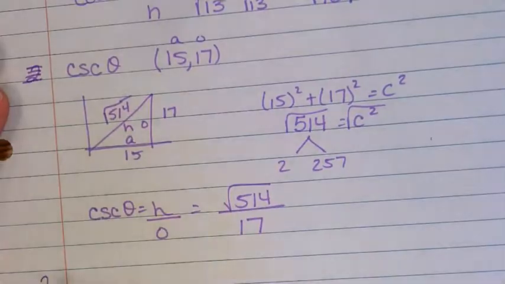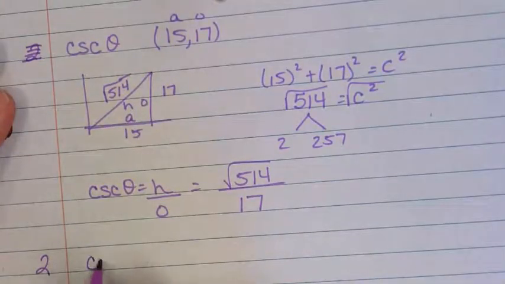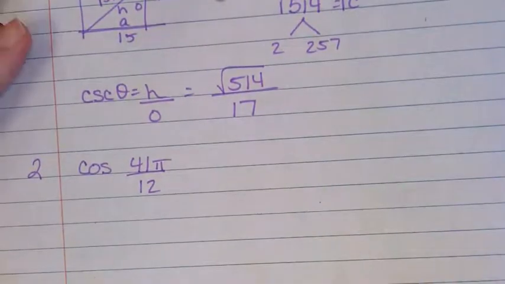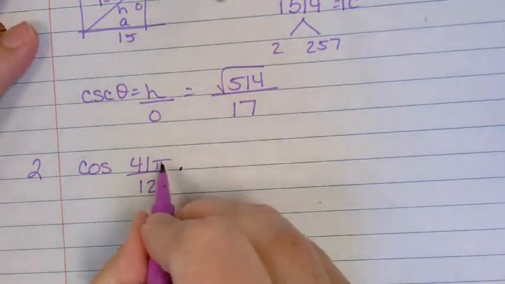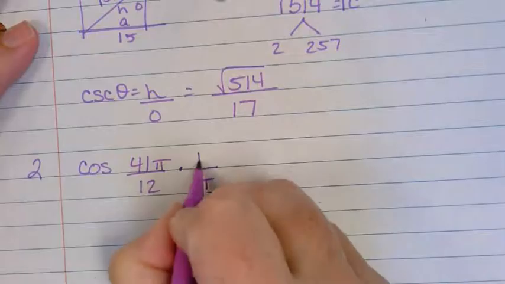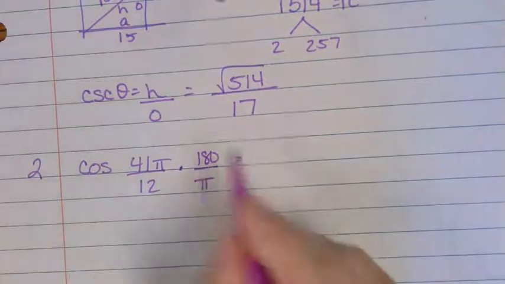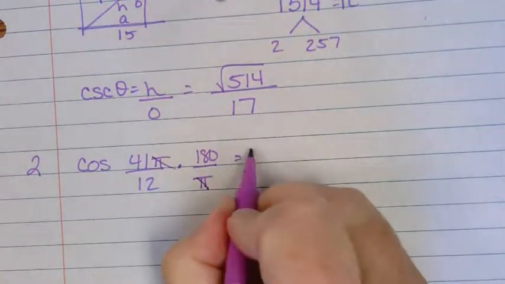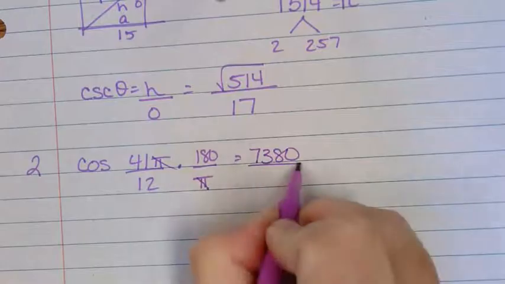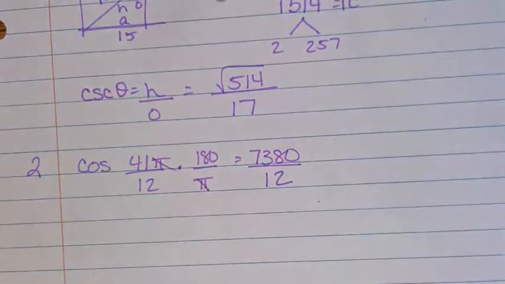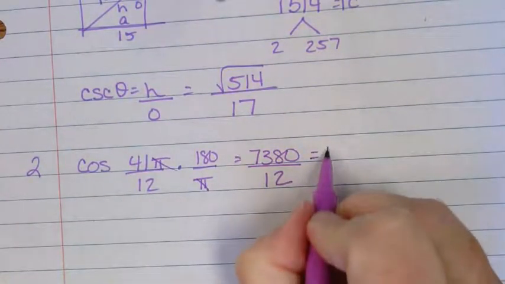Number 2 is cosine of 41 pi over 12. So first things first, we have to convert this. So if I have a pi on top, we put the 180 on bottom. Okay, so 41 times 180. The pi's cancel out, and I get 7380 divided by 12, and we get 615.